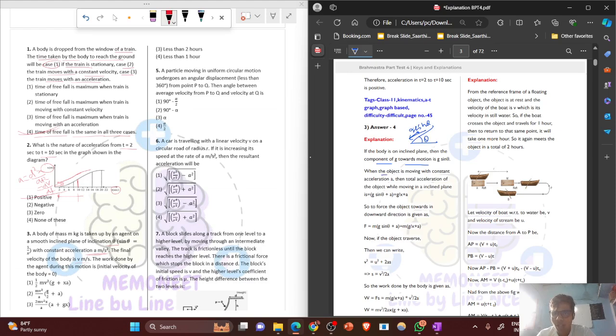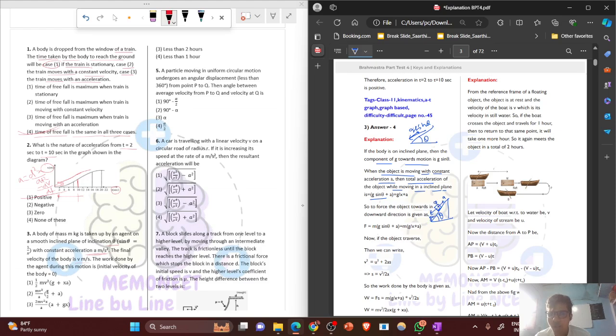Now when the body is moving with constant acceleration, what is the total acceleration of the body while moving on the inclined plane? It is taken up. Let's suppose we have an inclined plane of angle theta, and the body is taken up with this velocity, and g sine theta is acting on it.